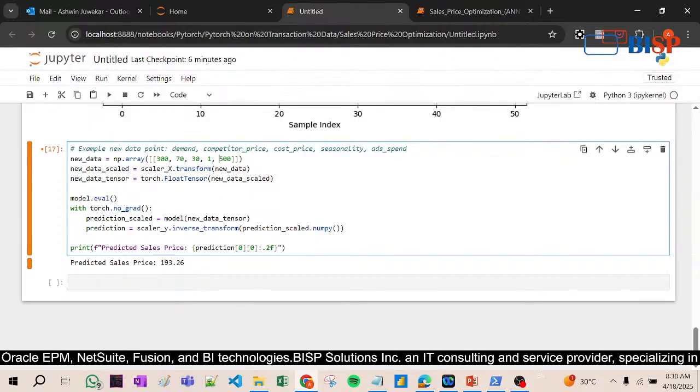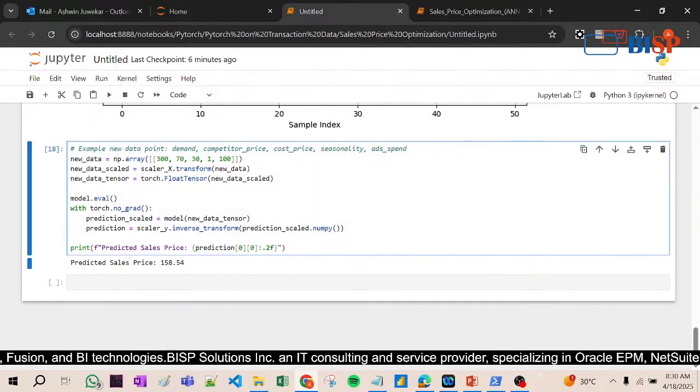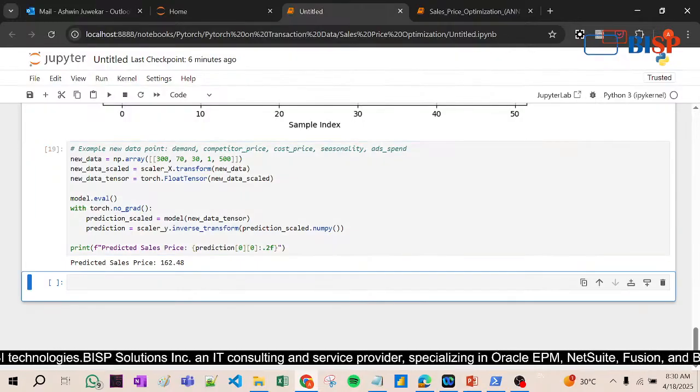And suppose we have not invested much in advertising, so you can sell at a reduced price also. So in this way, these are the factors on the basis of which the sales price is decided, right? This is how it works.